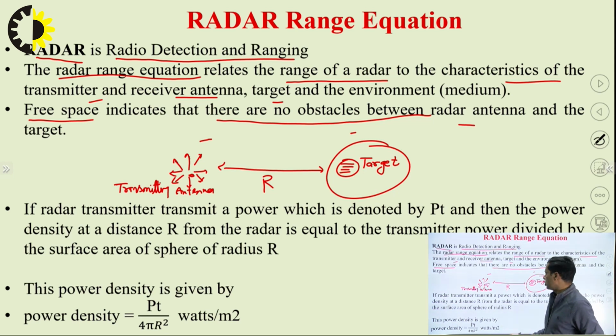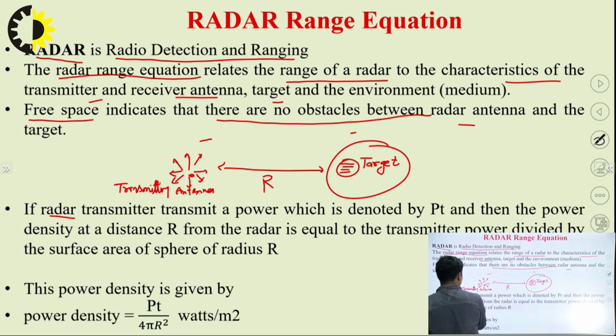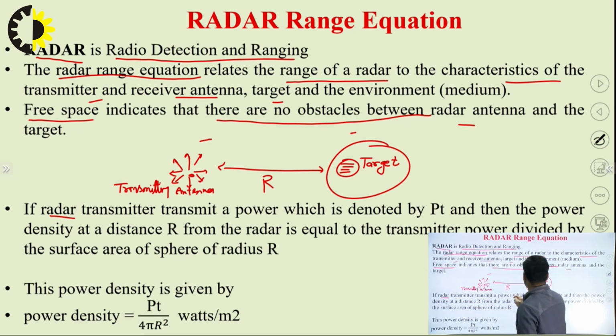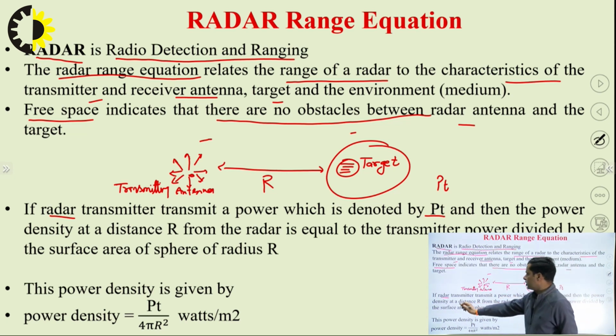So let's say a radar transmitter transmits a power which is denoted by PT.